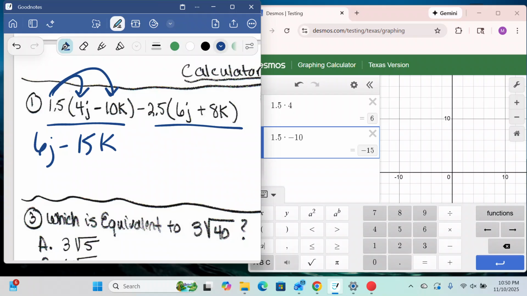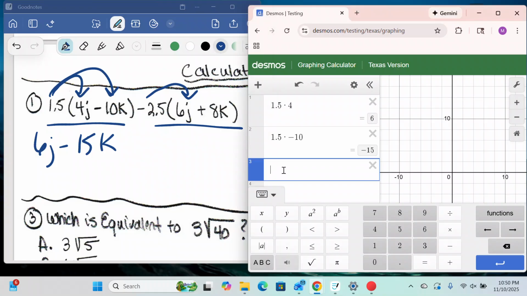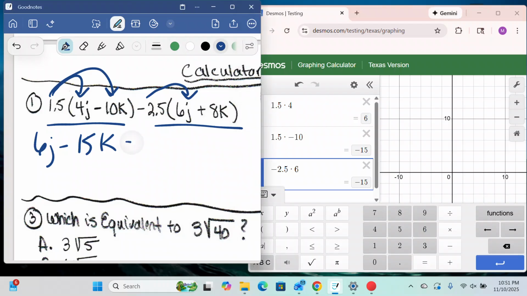Then, going on to the next one, I am going to distribute negative 2.5 times 6j. So on problem number 3, I'm going to distribute negative 2.5 times 6, and negative 2.5 times 6 is negative 15, so negative 15j.